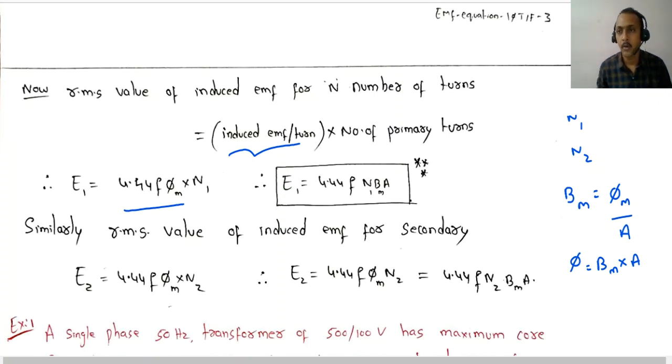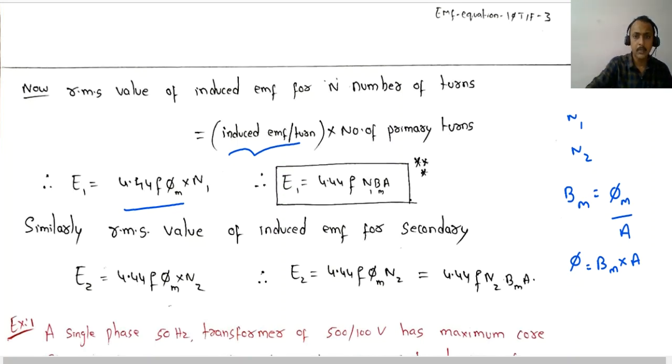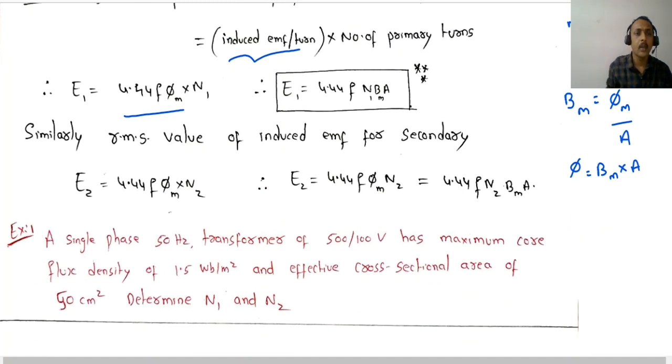This is very, very important: 4.44 f N1 Bm A. N1 is the number of turns on the primary side, f is the supply frequency in Hz, Bm is the maximum flux density, and A is the area, right? Similarly, the same will be applicable for the secondary.